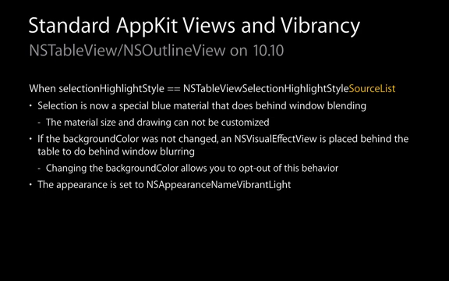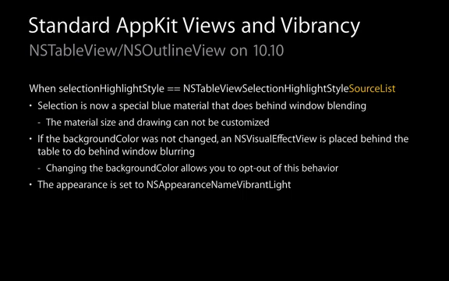If you don't want that behavior, after you set the selection highlight style to source list, you can change the background color to anything else. You could change it back to clear or to nothing, and it will not do that operation. And this is the way it's always worked, and so we respect old behavior of opting out of that background color or the background blur, so you could do it manually in some other superview if you need to for some reason.